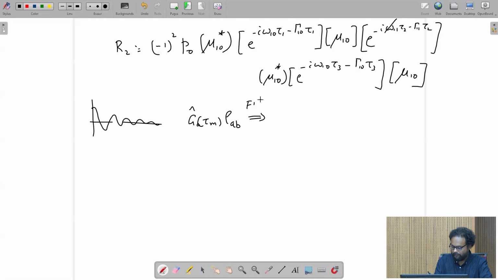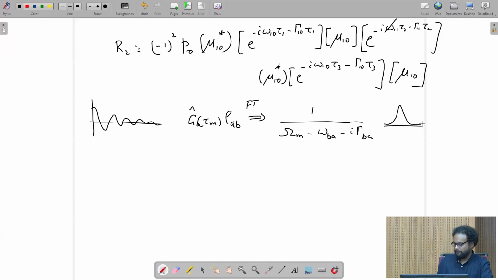The Fourier transform of that is going to look pretty simple. It's going to be a nice Lorentzian in the frequency domain. Right. Challenge here: you have 3 of such terms, so you'll have 3 Lorentzians.